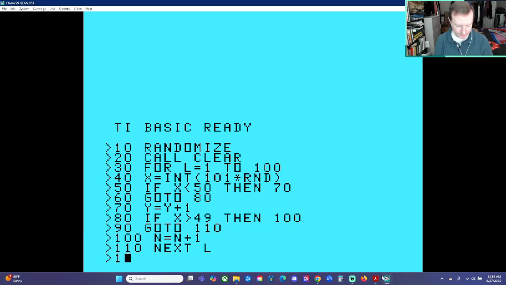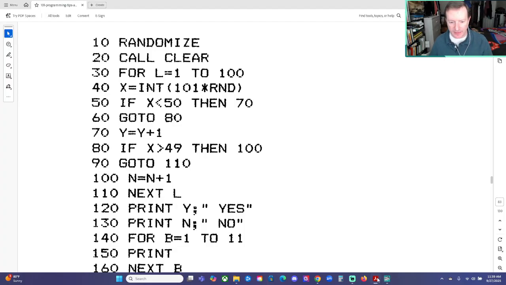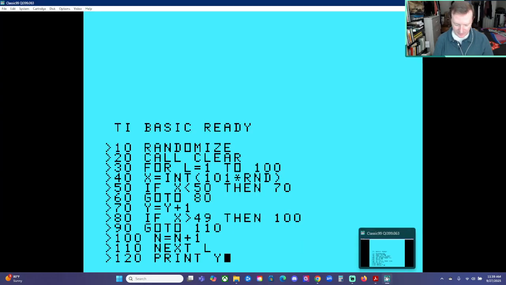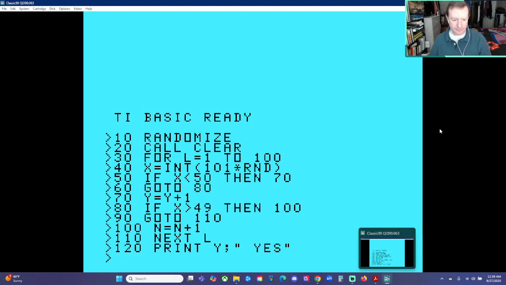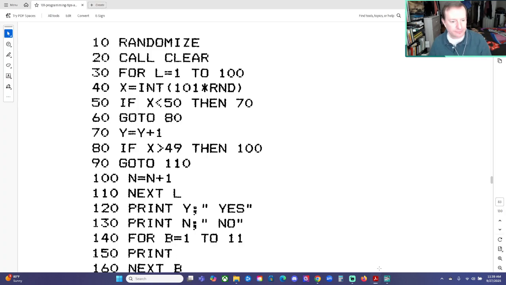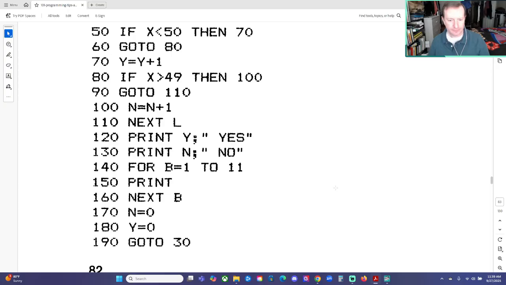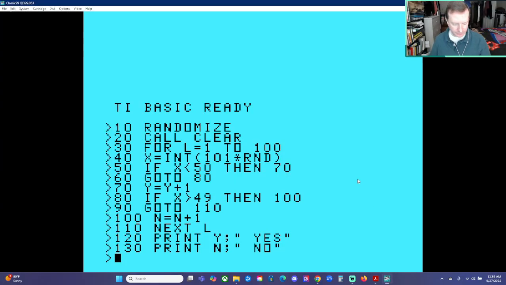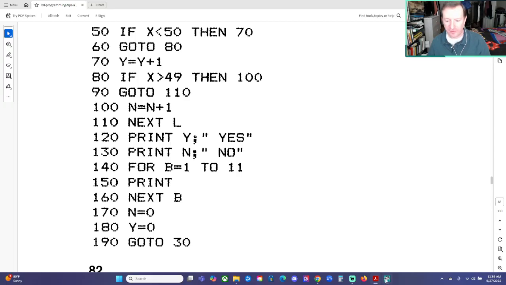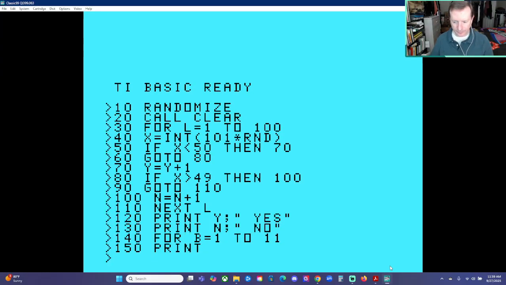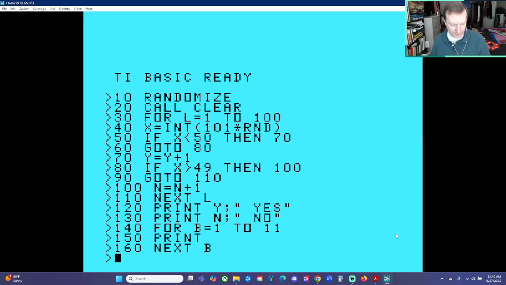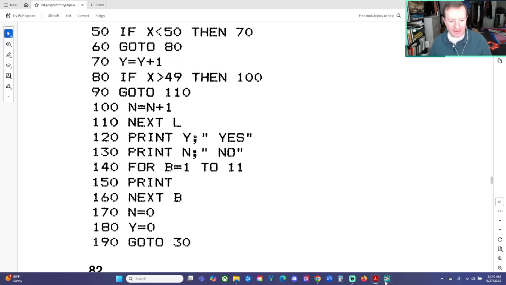120, PRINT Y; semicolon, space yes. 130, PRINT N; semicolon, quote, space no. 140, FOR B equals 1 to 11. 150, PRINT. 160, NEXT B. 170, N equals 0, and 180 is Y equals 0.